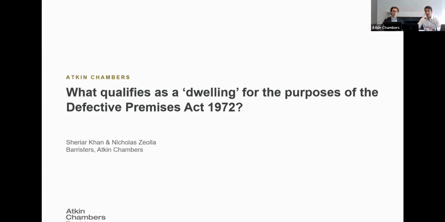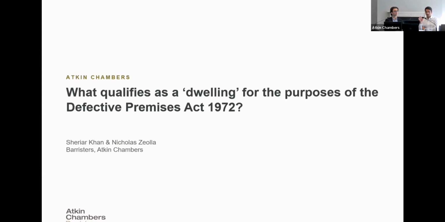It's very much a hot topic, and we've both been advising on various different building types. How we're going to approach it today is to mirror the structure we took in our article, which some of you may have read. So we're going to look at the non-DPA authorities first and what the key cases say about what a dwelling means.